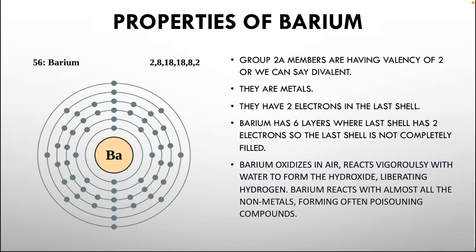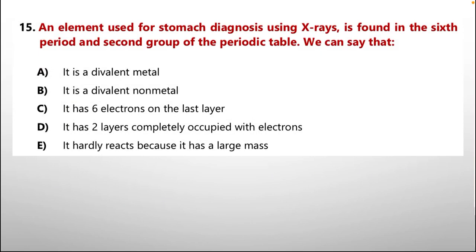Barium oxidizes in air, reacts vigorously with water to form the hydroxide, liberating hydrogen. Barium reacts with almost all the non-metals, often forming poisonous compounds. So according to the properties of barium, the answer is option A, it is a divalent metal.